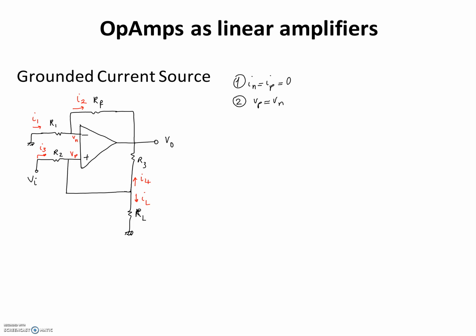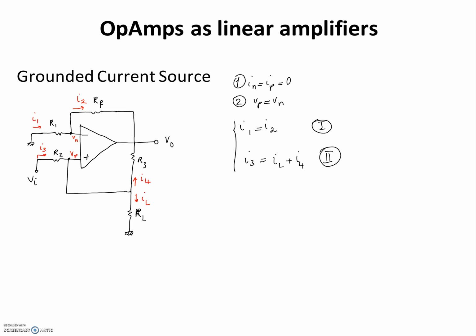So if I write the KCL at the VN node, at the inverting terminal, I1 is going to be equal to I2. That's what KCL tells me. And at the VP node, I can write I3 is equal to IL plus I4. I'm going to name this one equation 1, and this is equation number 2.